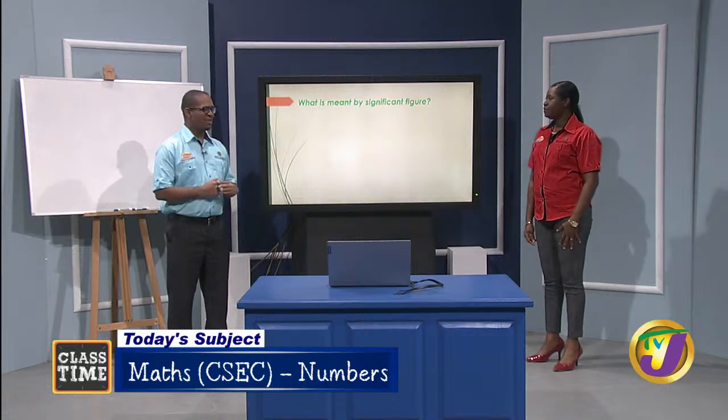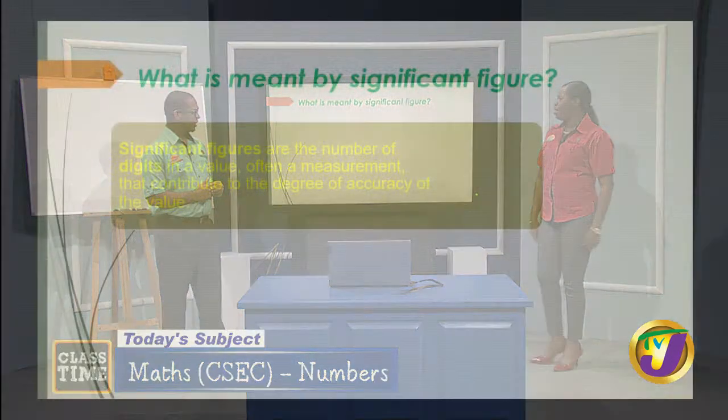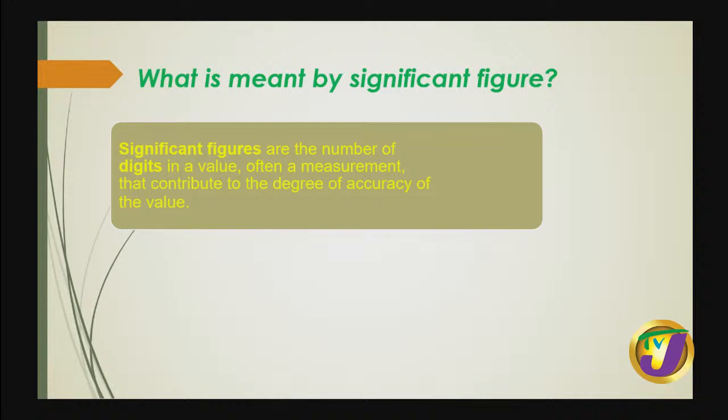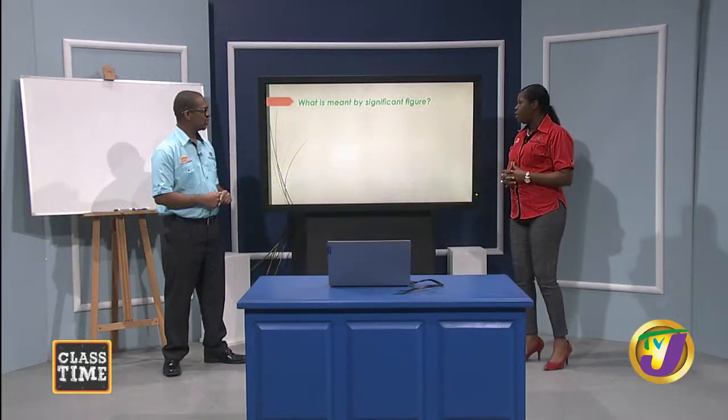What is meant by significant figure? Nikisha, what do you think? I'm thinking digits that have value, that are important, necessary to the value of the number, the whole number.